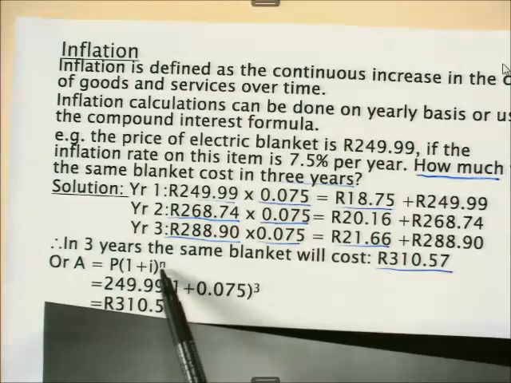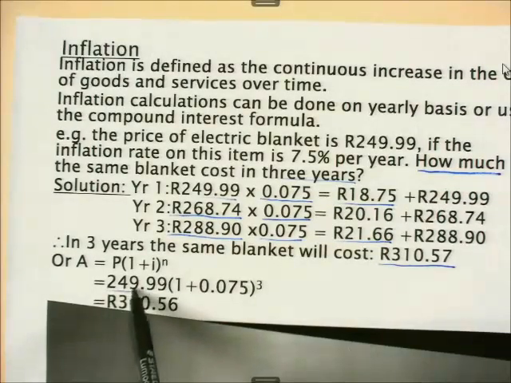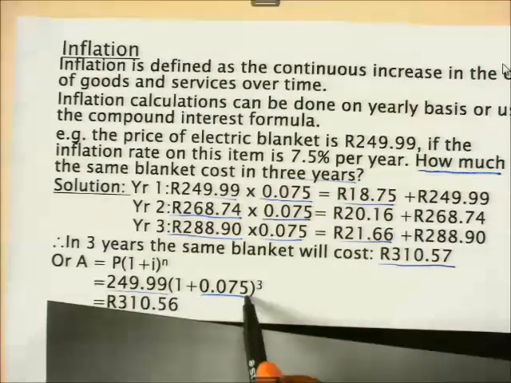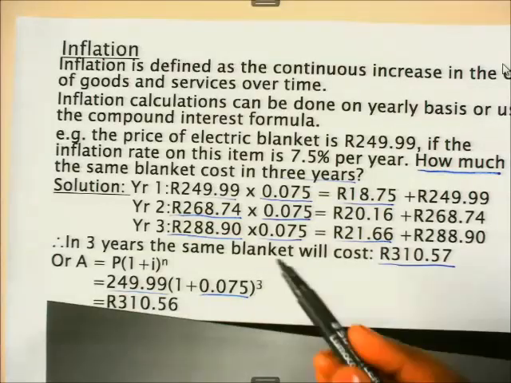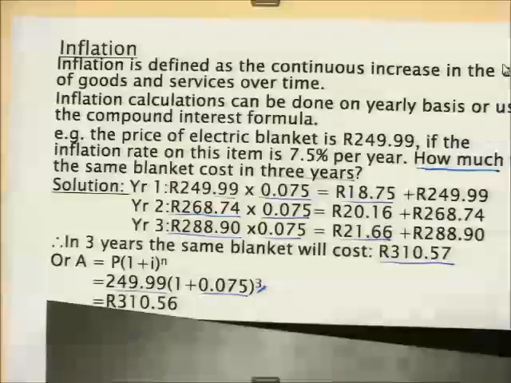You also need to know what N is. N is the number of years. Now, the principal amount in this case becomes 249 rands 99 cents, into 1 plus 7.5%, to the power of the number of years. In this case, our number of years is 3.